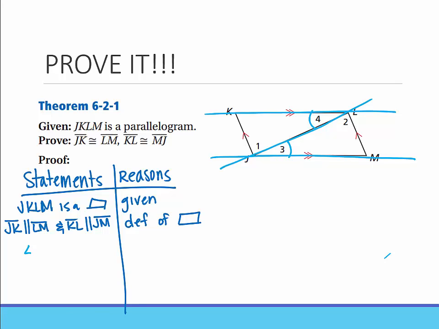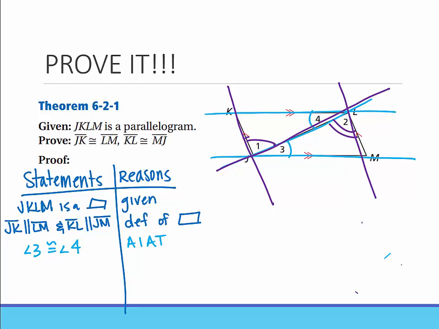I know that angle 3 has to be congruent to angle 4 because of alternate interior angles. And then if we pretend that these other ones go on forever and ever and add this as our transversal, now I know angle 2 and angle 1 have to be congruent. Same reason, alternate interior angle theorem.